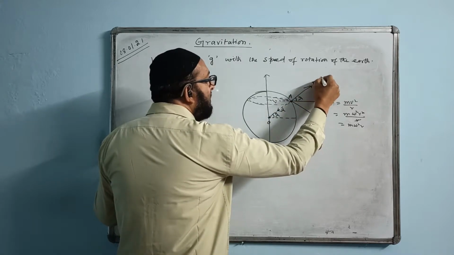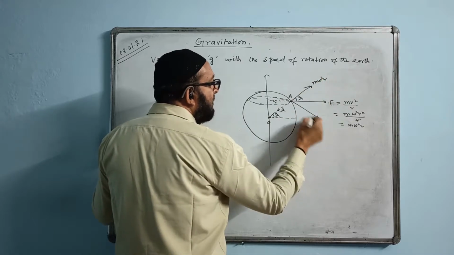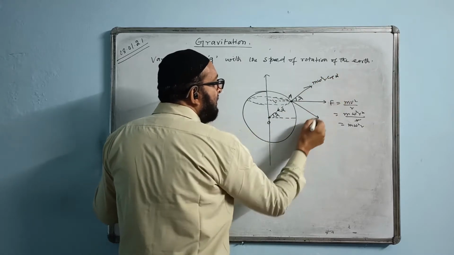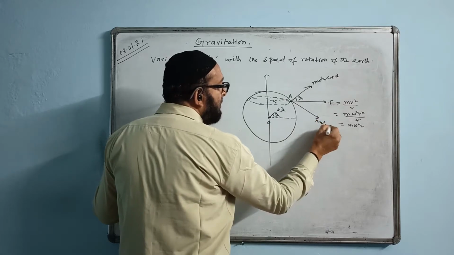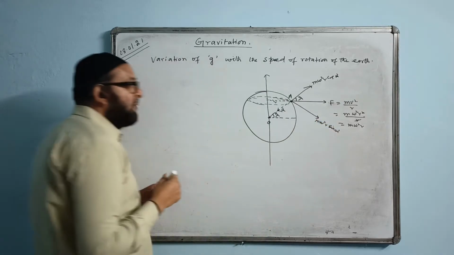The value of this component is m omega squared r cos lambda, and this one is m omega squared r sin lambda. What is the net weight?